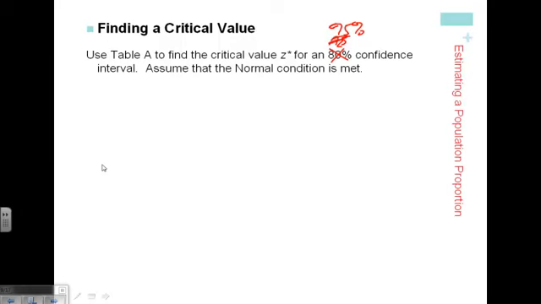Here's the methodology. 75% is the middle of a normal distribution.